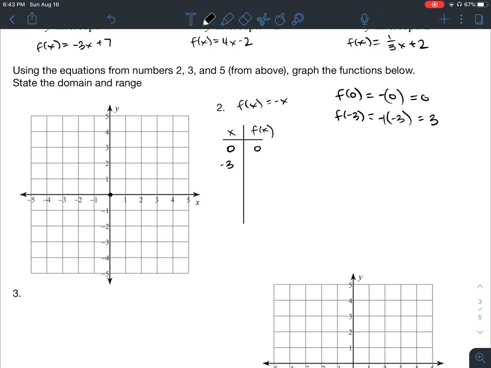So when x is negative 3, y is 3. Alright, let's try a positive value, which is going in the other direction, f of 3. So we get negative 3. So when x is 3, y is negative 3.